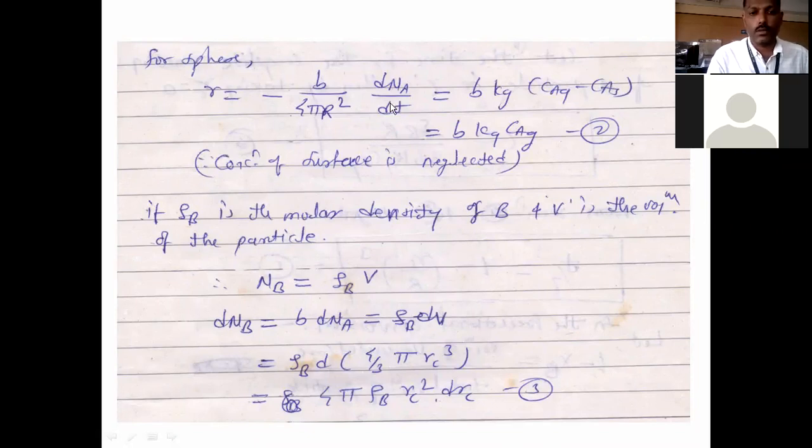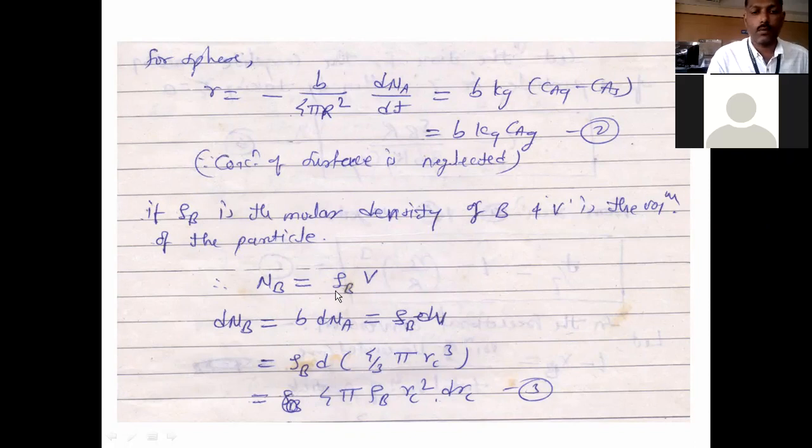Now we convert this into the number of moles. Here rho B is the molar density, meaning moles per volume of B, and V is the volume of the particle. So NB is the number of moles of B, the solid, which is equal to rho B into V: moles per volume multiplied by volume.